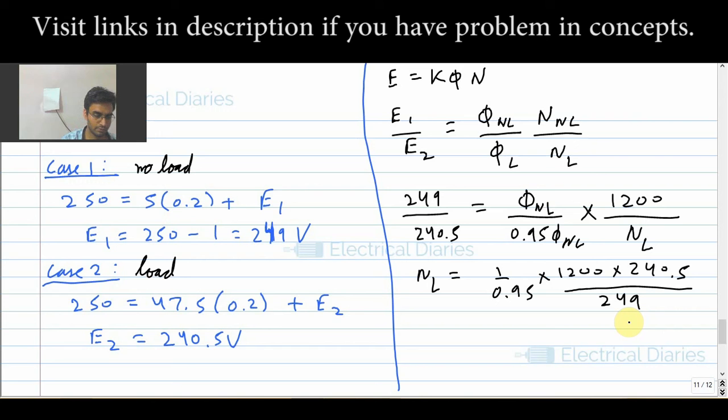So it will come out to be 1200 into 240.5 divided by 0.95 into 249. So NL will be equal to 1220.